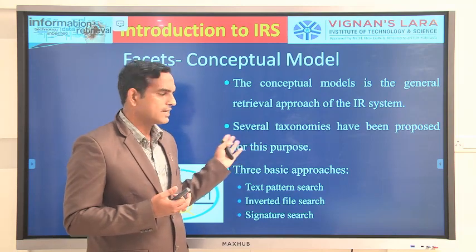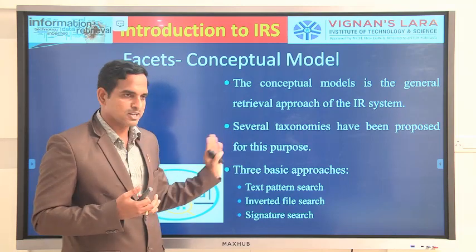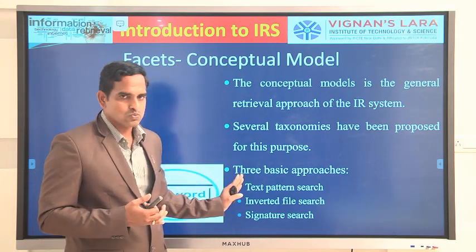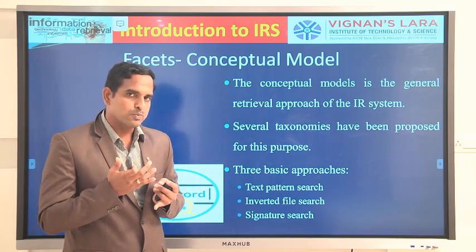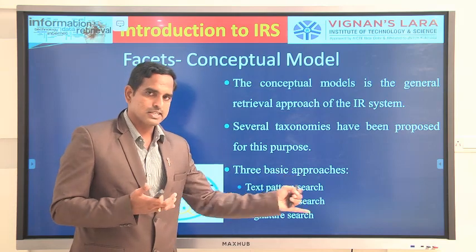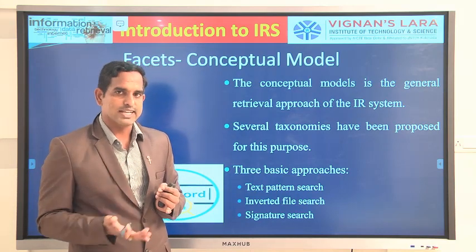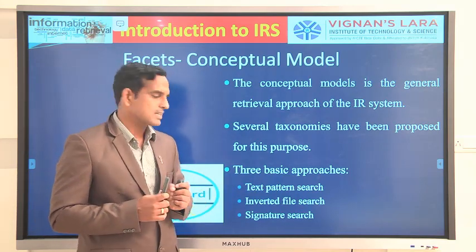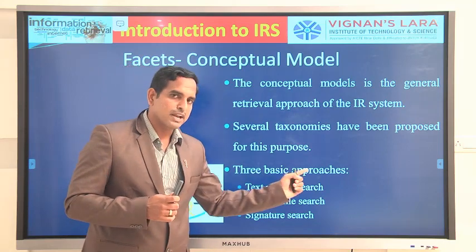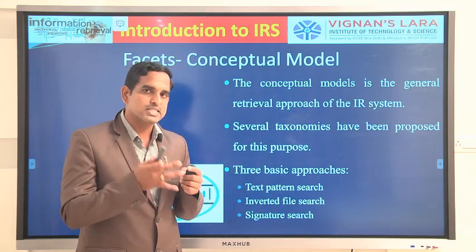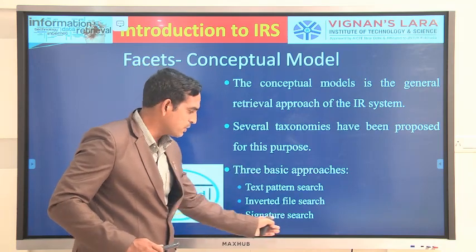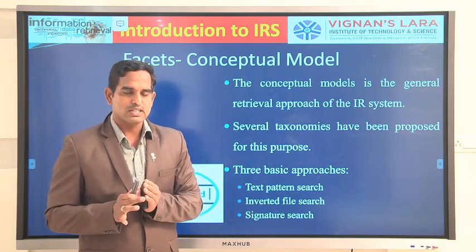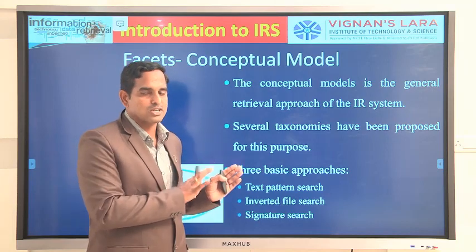Okay, several taxonomies have been proposed for this purpose, but the basic approaches which any information retrieval system will use are either a text pattern search, that is when you are searching for a text, or an inverted file search, that is you could be searching in an inverted file, you'll be learning about that later, or a signature file search, that is you could be searching in a signature file.